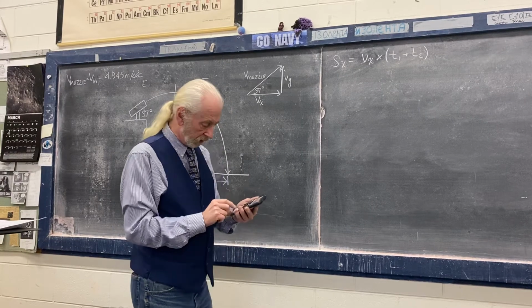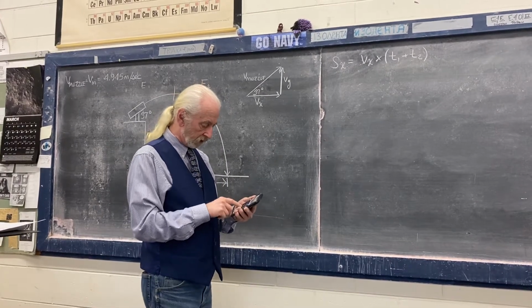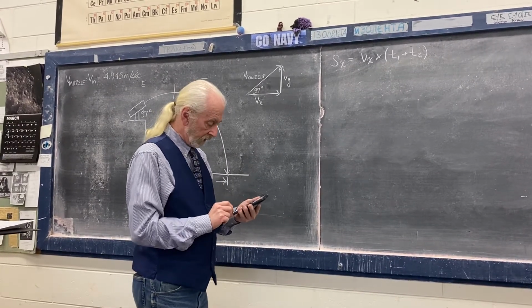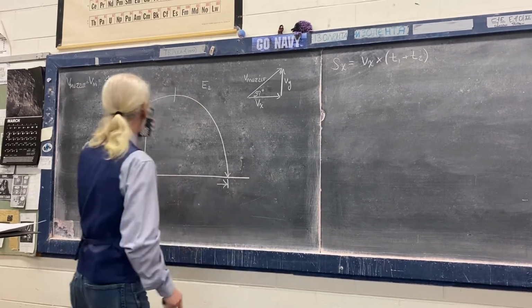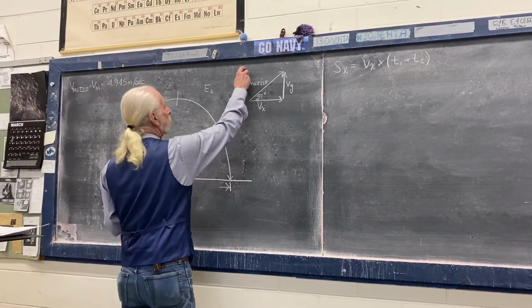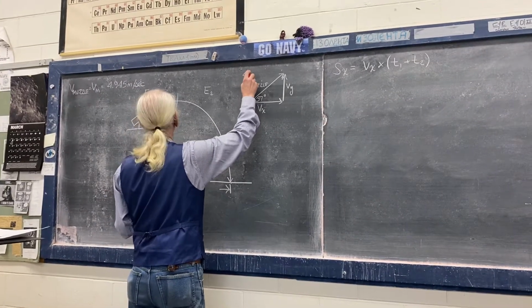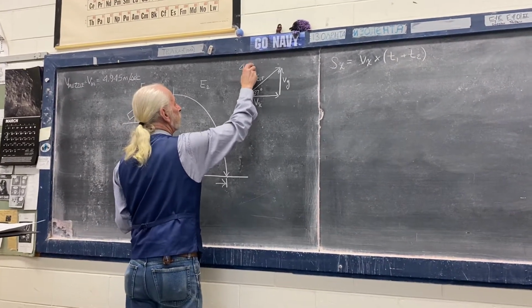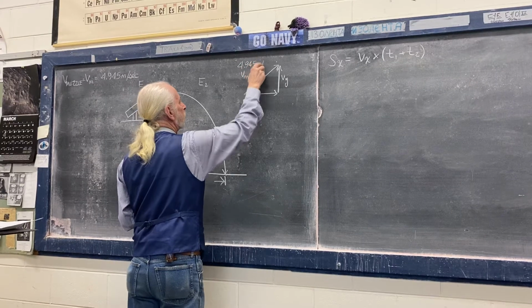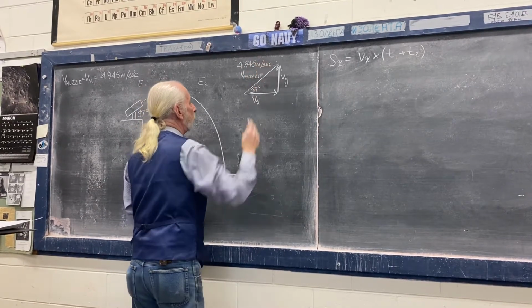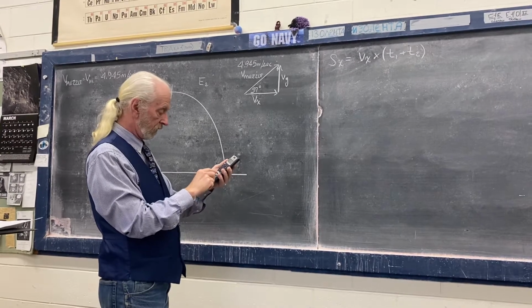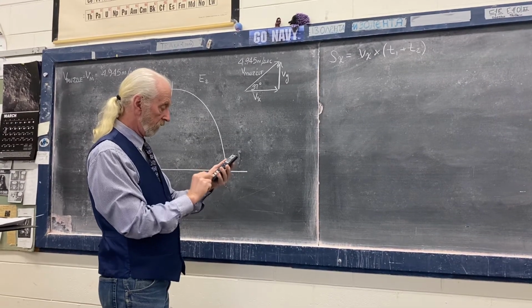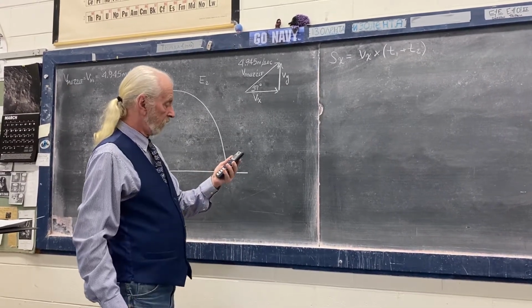So I'm going to go cosine 37 times my muzzle velocity, and I got 3.949.